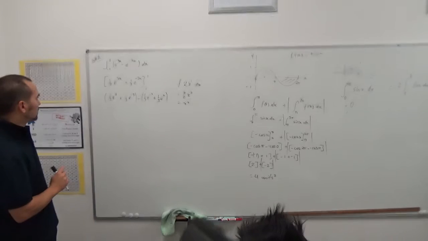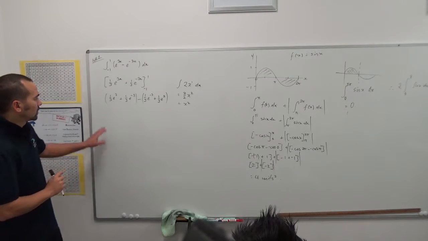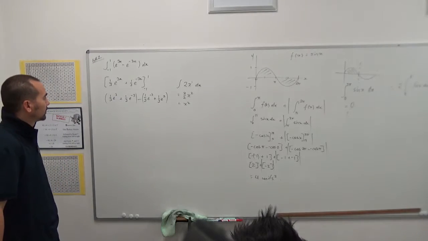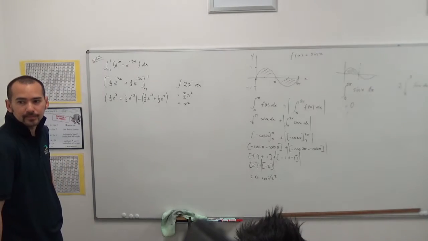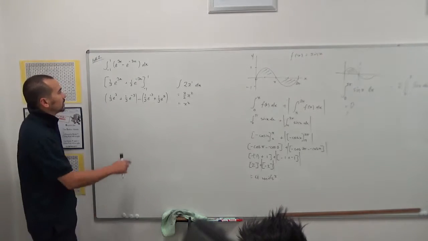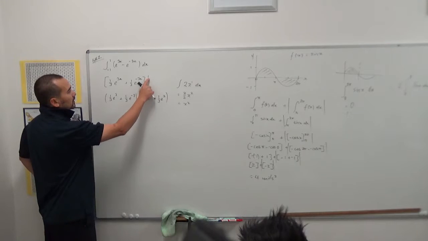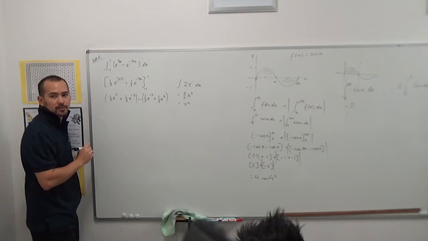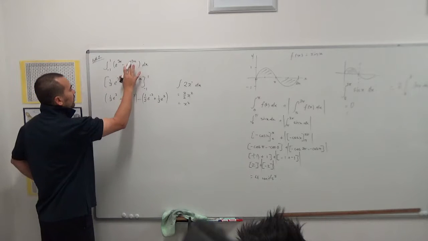How come when you times by 1 and -1, it's not -3x still? Where does the x cancel out? When we plug in, let's say that 1 in here, it becomes 3 times 1.